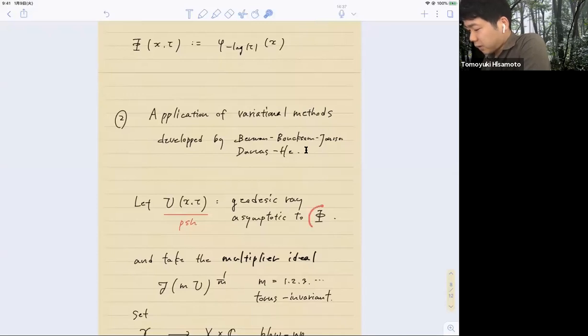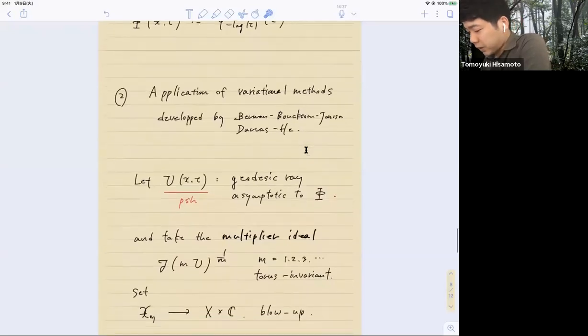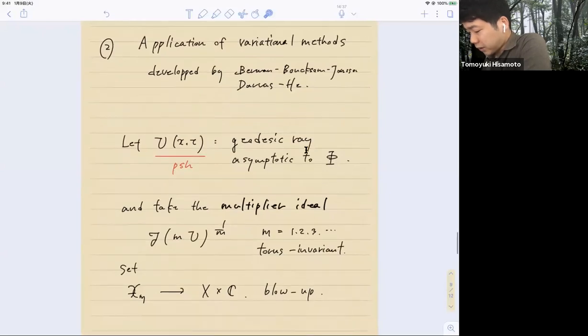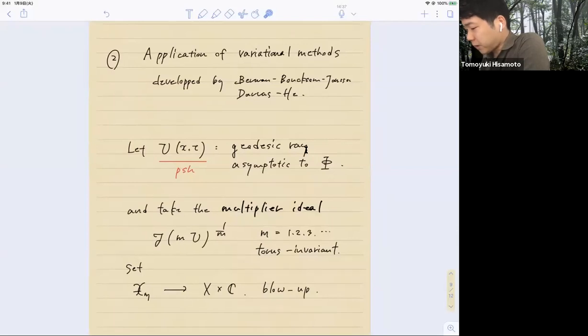Of course, phi and also the asymptotic geodesic ray u are very possibly very transcendental things. But the multiplier ideal sheaf, by the result of Nadel, is a coherent ideal sheaf, so we can take the blow-up along this ideal to get some algebraic test configuration. That's the sequence of test configurations which we can expect to somehow approximate the flow phi.